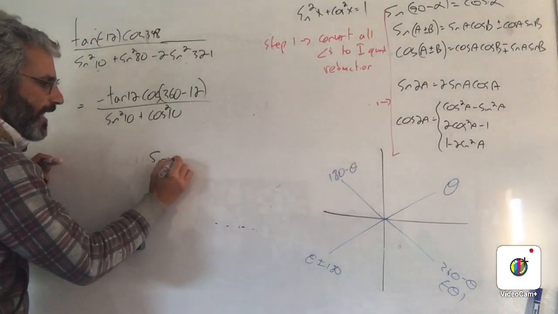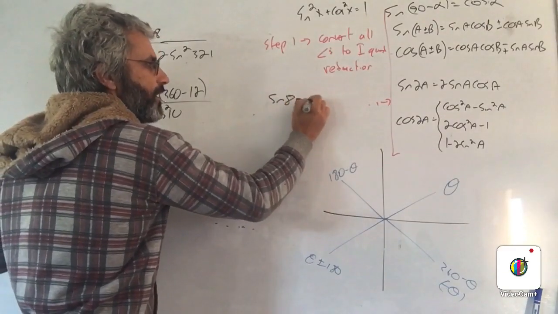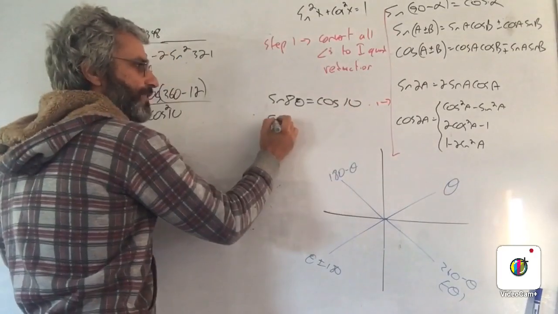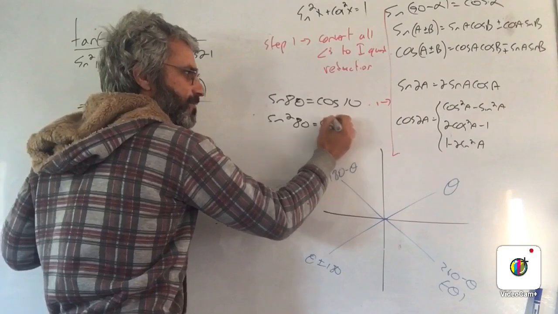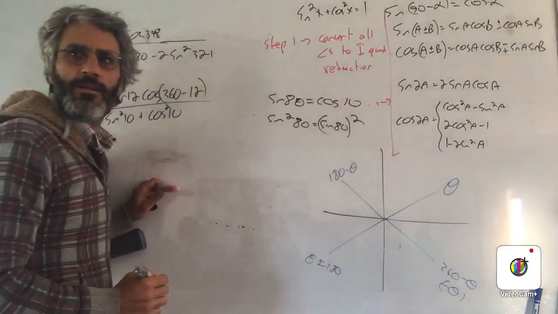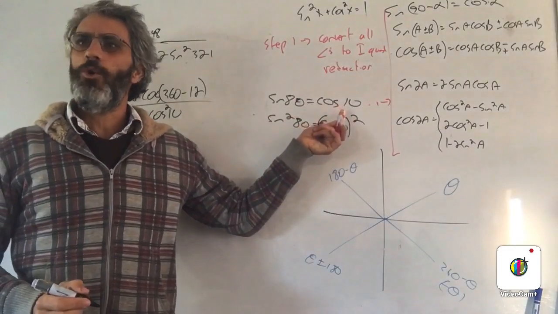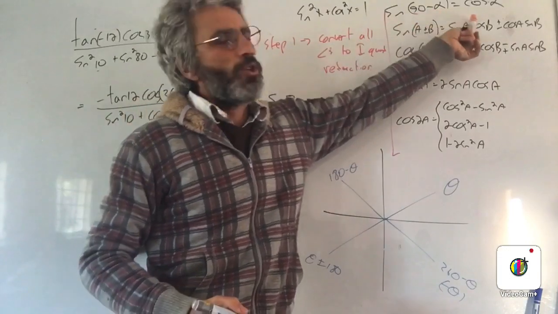Let me just emphasize, okay? So I know that sine 80, let's write it down here. Sine 80 is cos what? 10. So sine square 80 is basically sine 80 simply squared. Why is sine 80 equal to cos 10? We call these co-functions, right? Sine of 90 minus alpha is cos alpha.